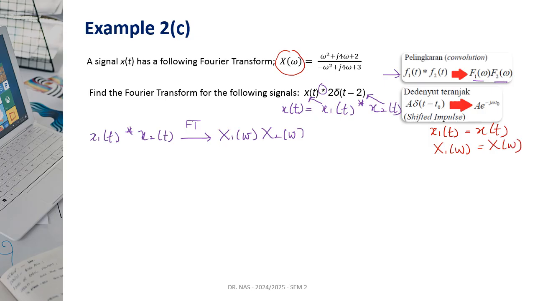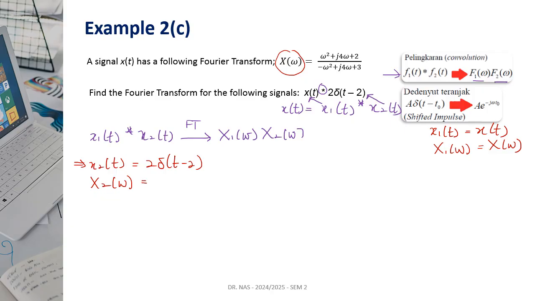You already have X(omega) from the given equation. Now you need to identify X2(omega), where x2(t) is given by 2 delta(t-2). What is X2(omega)?